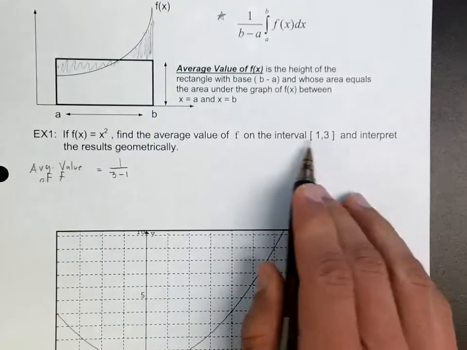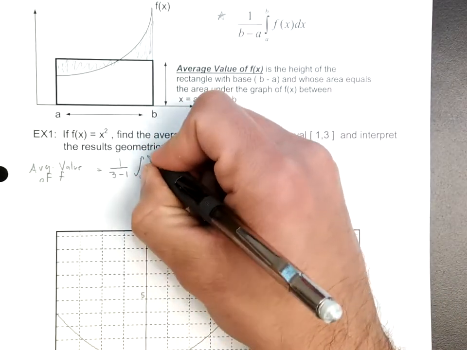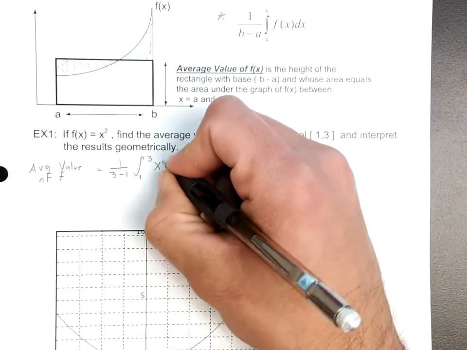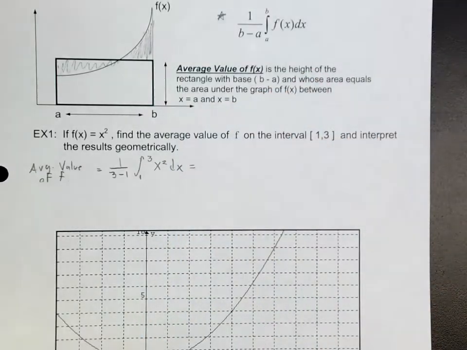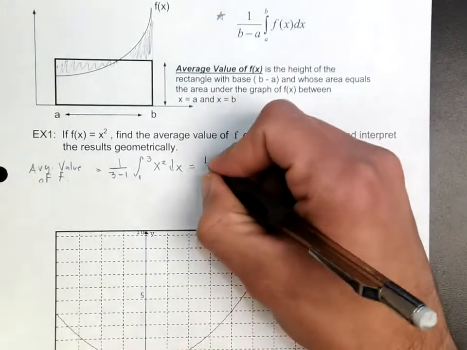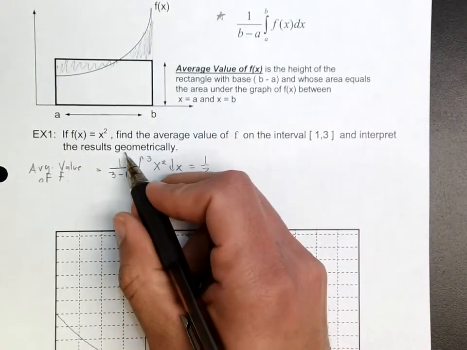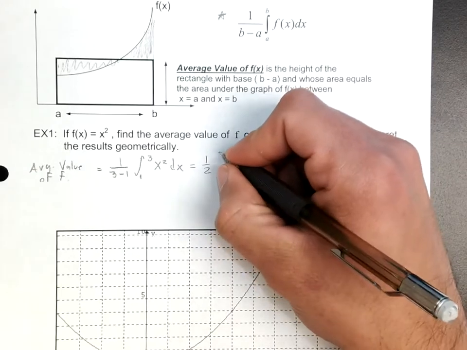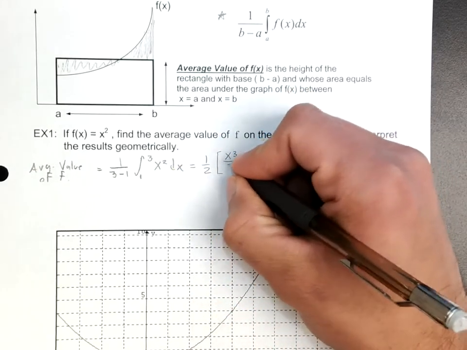Remember that 3 minus 1 came from this interval. The integral between 1 and 3 of f of x, in this case x squared dx. The actual math of it is not very hard. It's pretty simple, just like the last problem we did, except we have this 1/2 now. The 1/2 came from 1 over 3 minus 1. So we have 1/2. The integral of x squared is x cubed over 3.